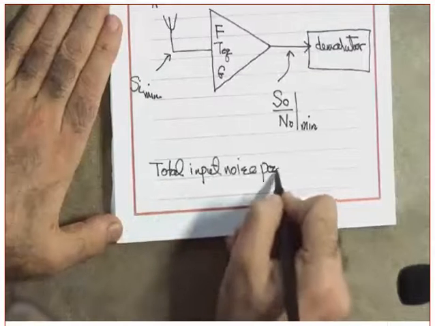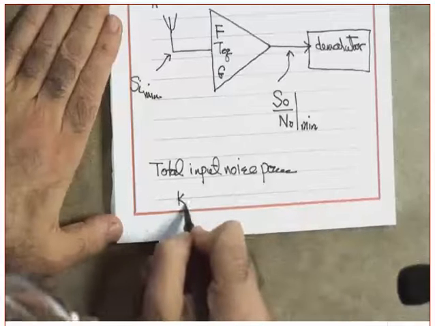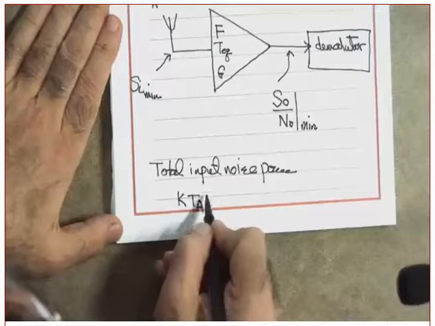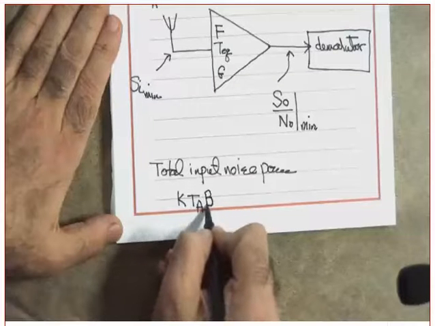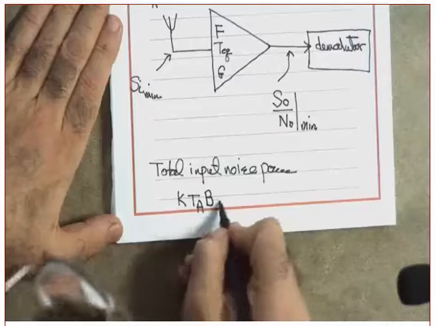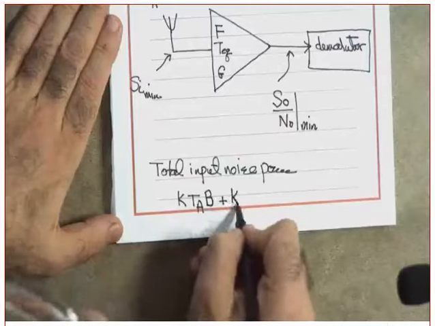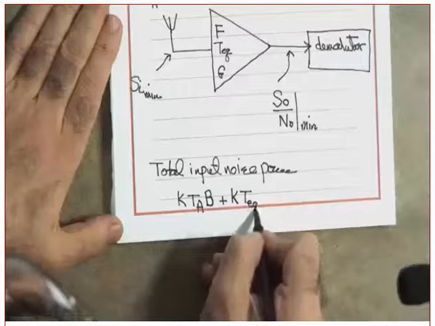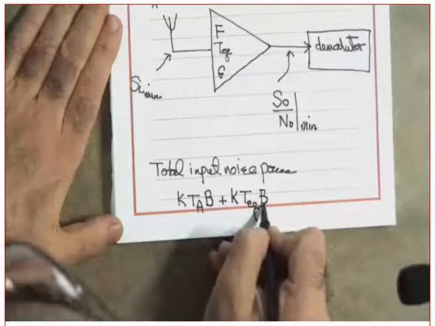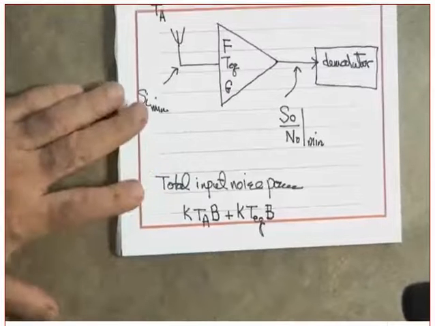It is k T_A B plus k T_e B. Did you get it?